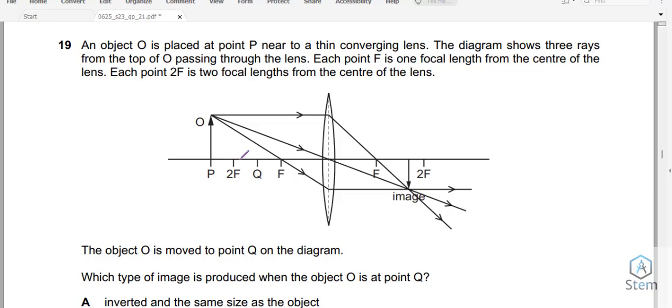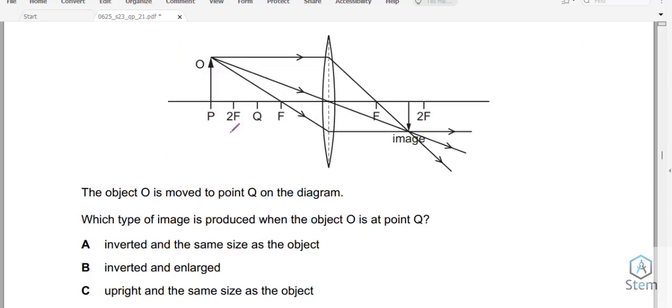The object O is moved to point Q on the diagram. Which type of image is produced when the object is at point Q? I'm going to quickly draw the ray trace diagrams of the rays when our object is at point Q.